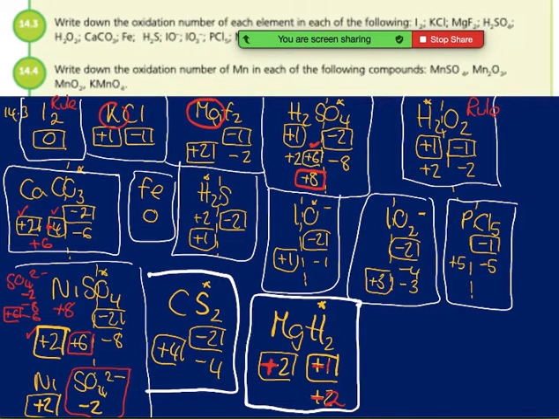Yeah. For CS2, where do you get that S is -2? When it is looking like this with just carbon and there's no oxygen or other negative thing present, then it can act as it does in its group. So it can kind of act like oxygen.